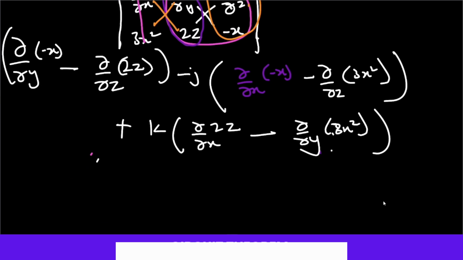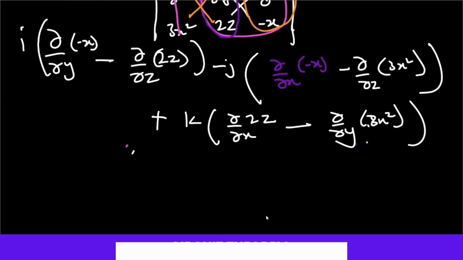Now let's evaluate this together. Partially differentiating with respect to y, here we don't have y, so the result will be 0. Minus differentiating with respect to z: we have 2z here, differentiating 2z gives 2, so we get minus 2. Then minus j bracket.